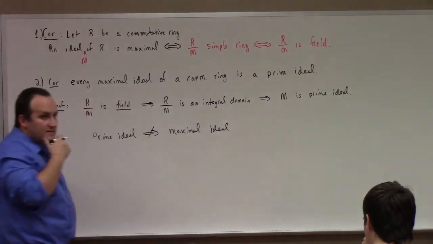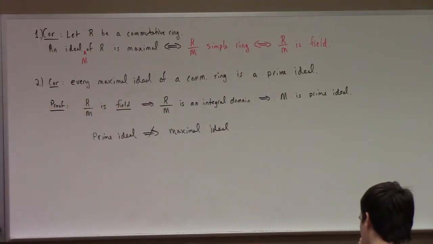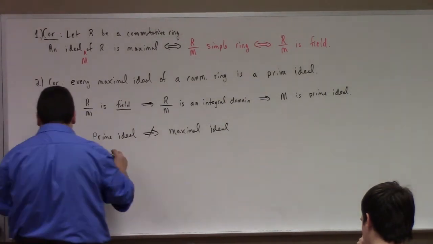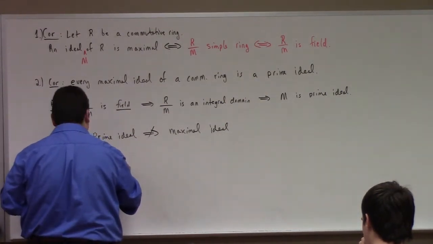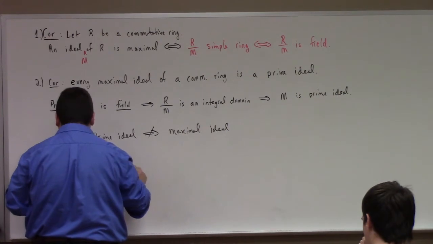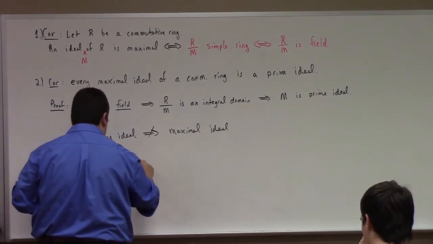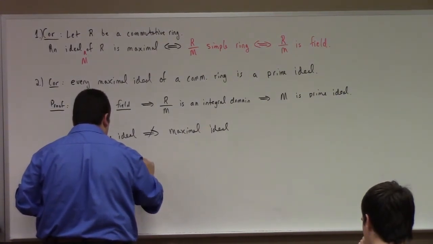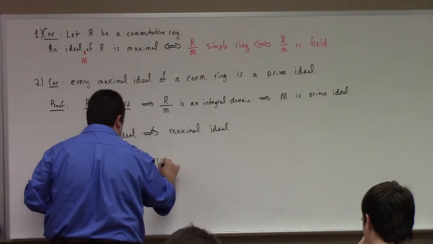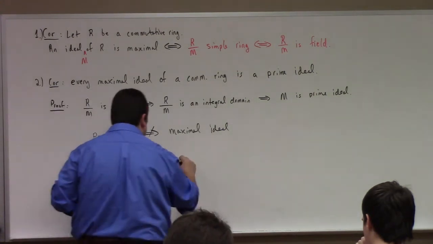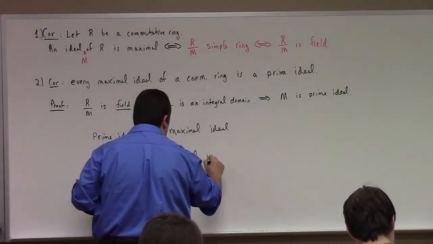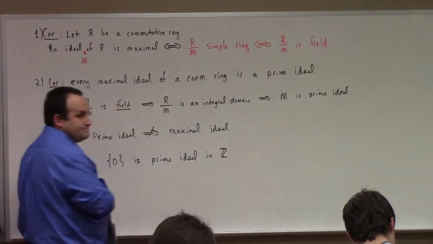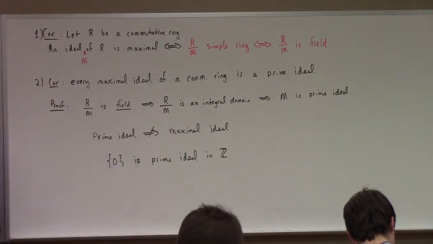And to show you that, I need to talk about something briefly that we haven't done yet. This is one of the things that got left out last time, but I should mention that the zero ideal is prime. I'll be more specific: 0 is a prime ideal in Z. Now, can you check that that's a prime ideal?